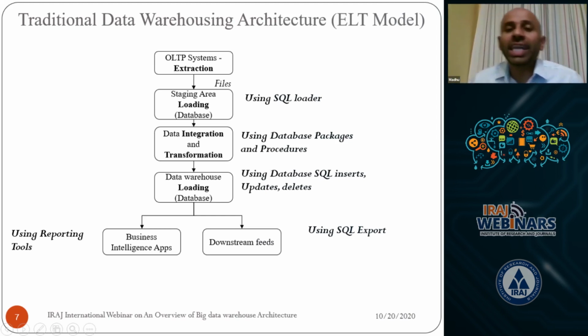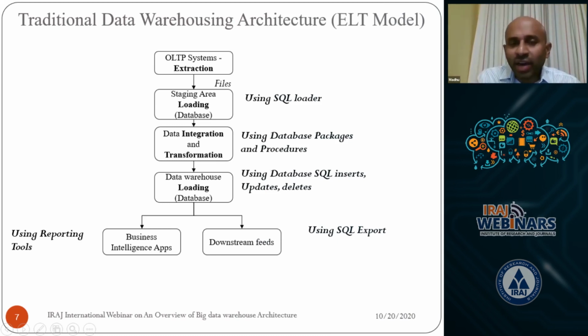Coming to the traditional data warehousing architecture using the ELT model. As I was mentioning, you have OLTP systems which provide all the information which needs to be loaded and from which insights need to be generated. So data is extracted out of the OLTP systems and files are produced out of it.